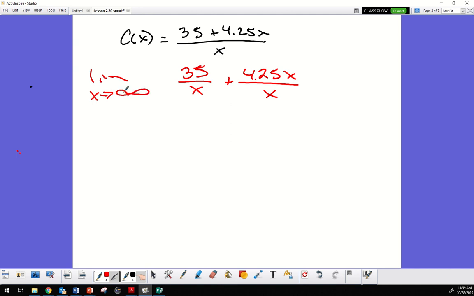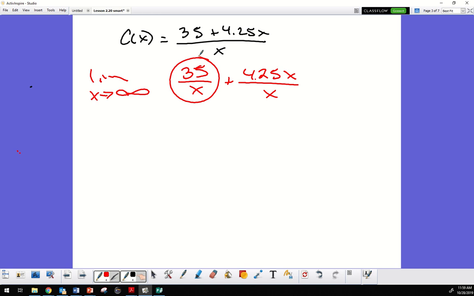What is 35 over infinity? That goes to 0, because if I'm dividing by infinity, the bottom number is huge. So this ends up just going away.